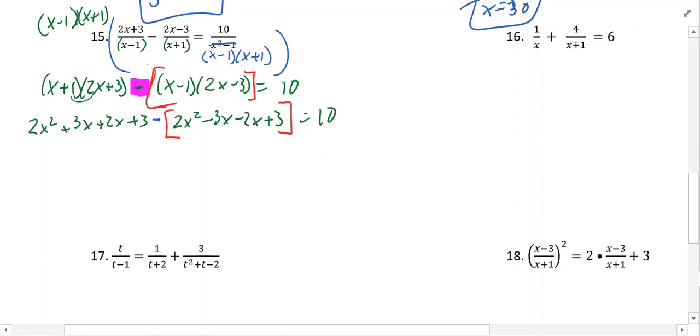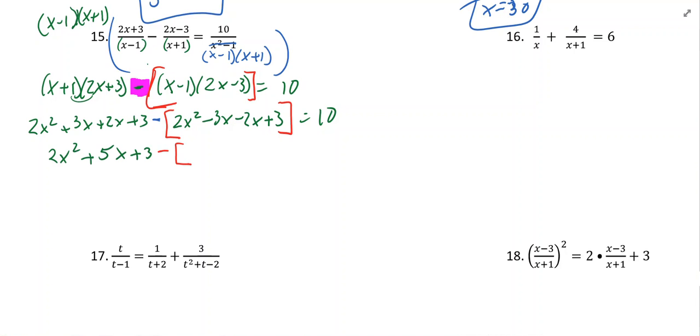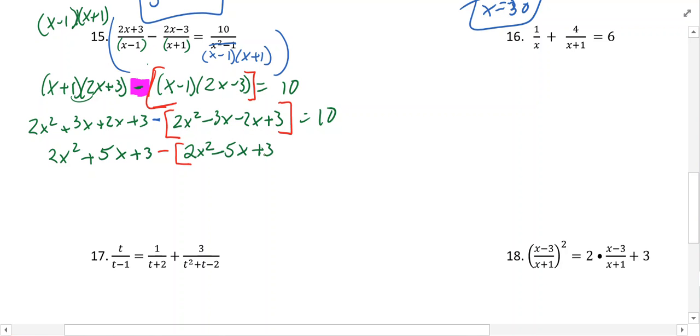So this one I have a lot of terms to combine. So first I'm just going to combine these. So I get 2x squared plus 5x plus 3. And then I'm going to bring down this minus sign again. I'm going to bring down the brackets. And I'm going to simplify what I have on the inside. So I have 2x squared, negative 3x, and negative 2x is a negative 5x. And then plus 3.